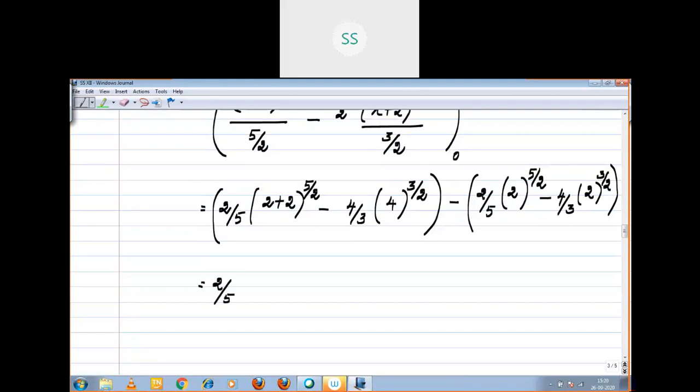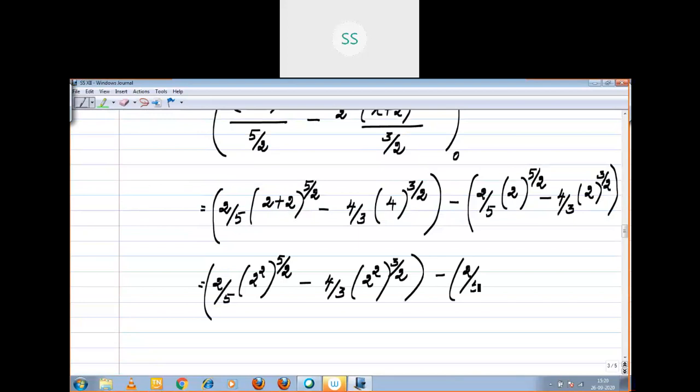The 4 can be written as 2 square, the whole power 5 by 2, minus 4 by 3, again 2 square, the whole power 3 by 2, upper limit, minus 2 by 5, square root the whole power 5 minus 4 by 3 square root the whole power 3.